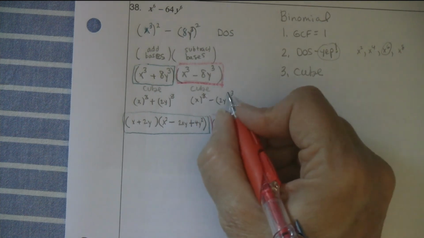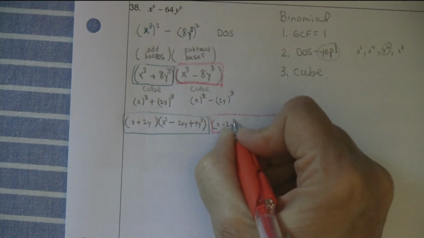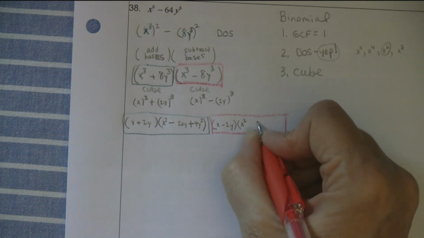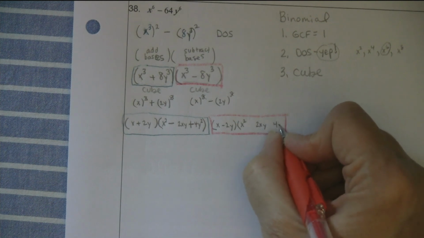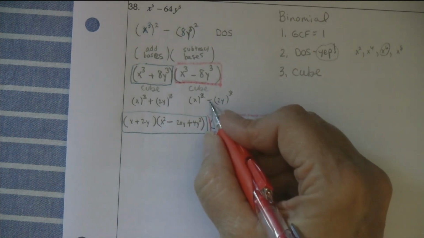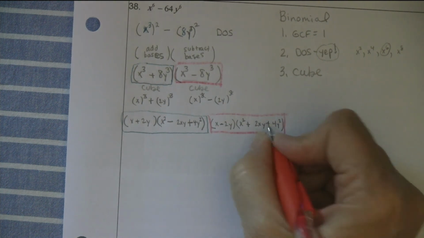It's going to be exactly the same except for the signs are going to be different. 2xy multiply, square, so 4y squared. Soap, same as I started with, and opposite, and always positive.